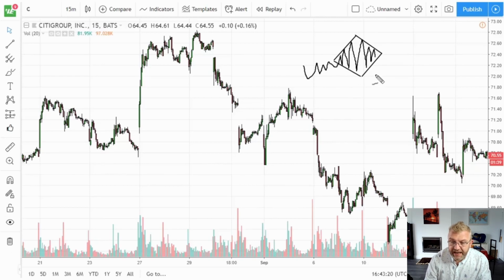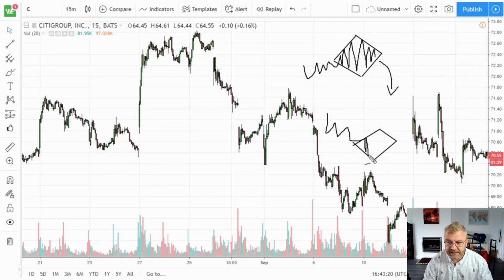And eventually, in the case of a top, it breaks downwards. A diamond top. So you can literally draw 4 support and resistance trend lines, and in the bottom it's the exact opposite. You have the price drifting lower, and then it broadens a bit, and then it tightens, and then it breaks out to the upside.